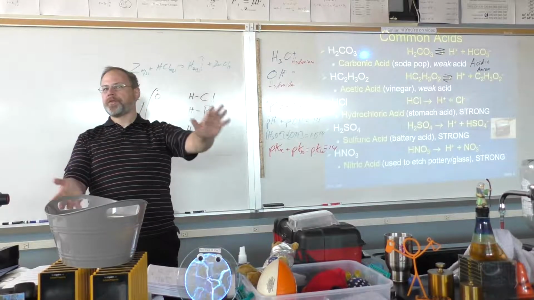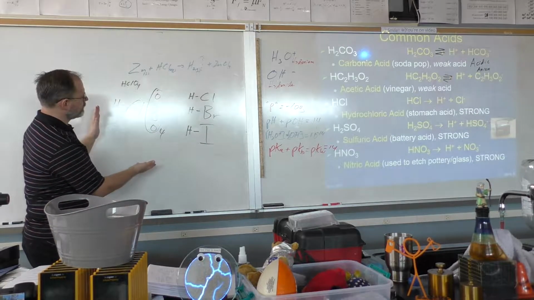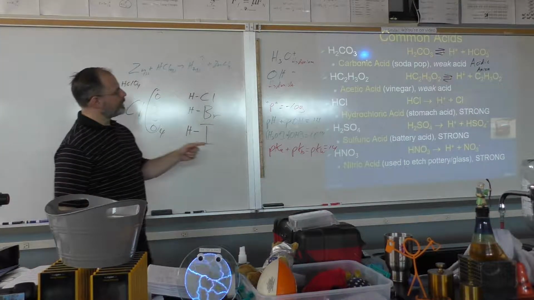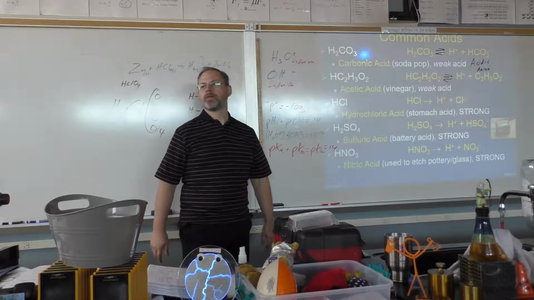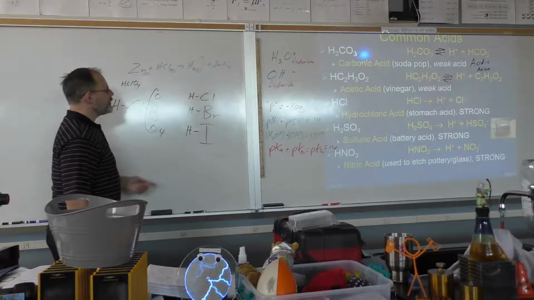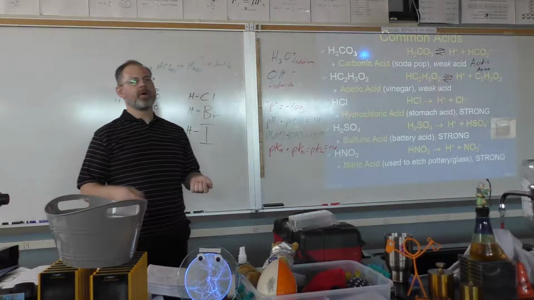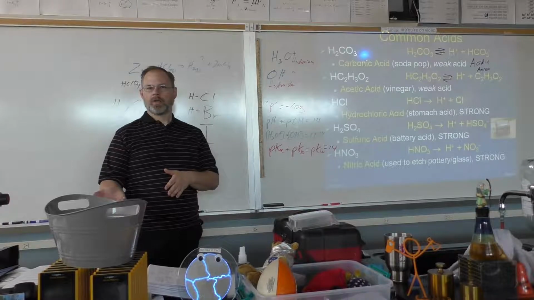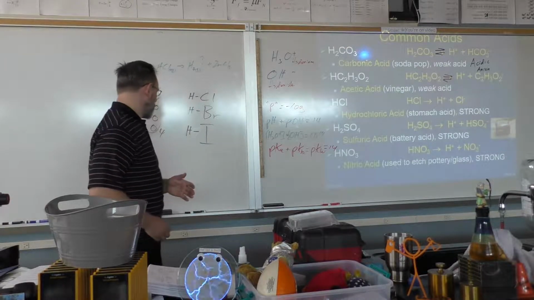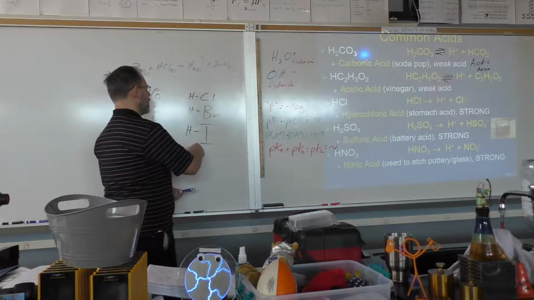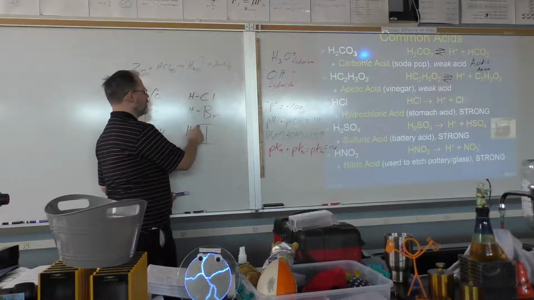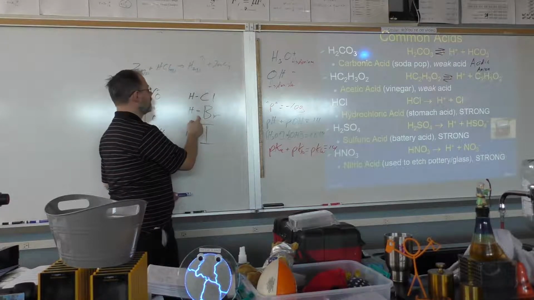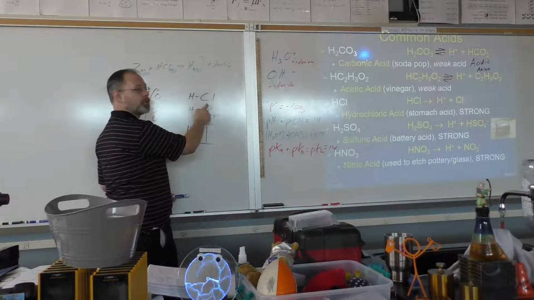The strongest of the strong acids is perchloric. Sulfuric's pretty strong, so is nitric. Hydrochloric is actually the weakest of the strong acids. And here's something kind of bonkers. HI, hydroiodic. HBr, hydrobromic. HCl, hydrochloric.